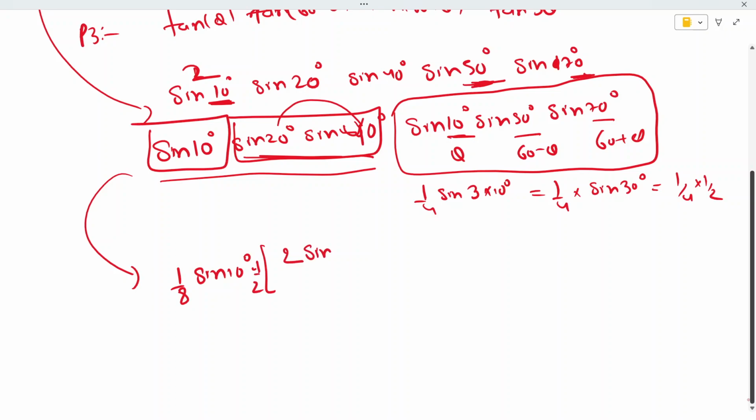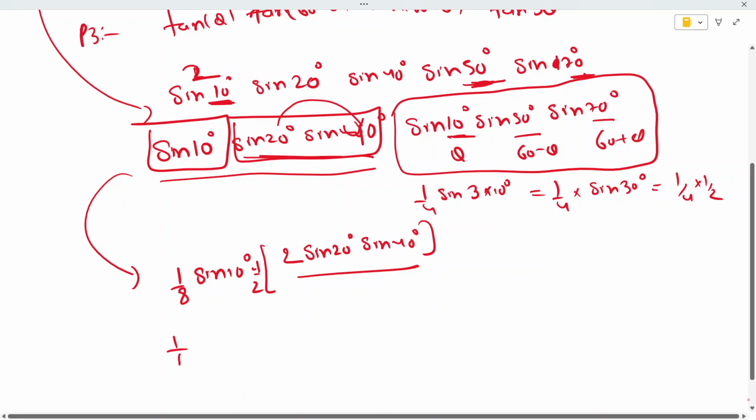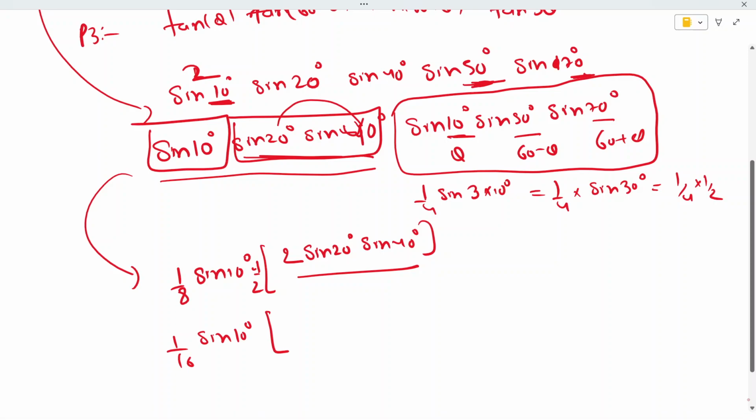This is 2 sin 20 degrees and sin 40 degrees. Now we know its formula: 1/16 sin 10 degrees, and we know the formula for 2 sin theta cos theta: cos(a minus b) and cos 60 degrees.